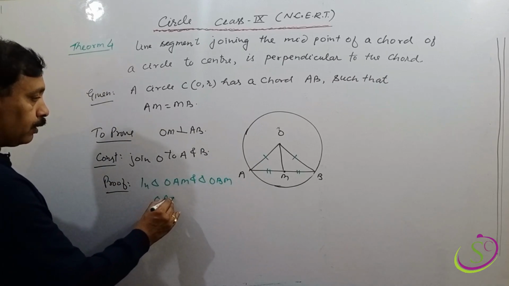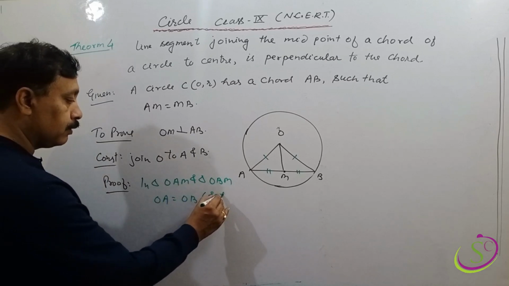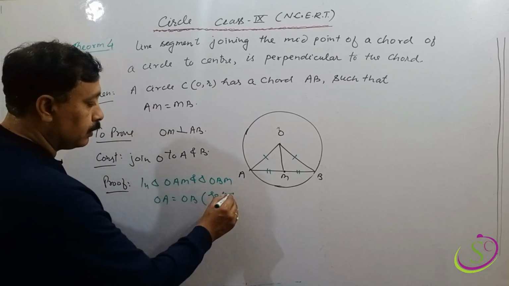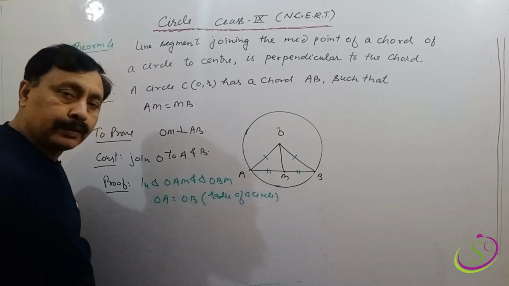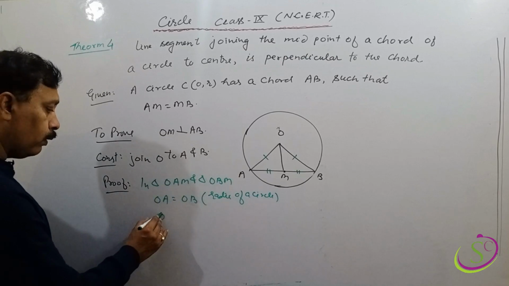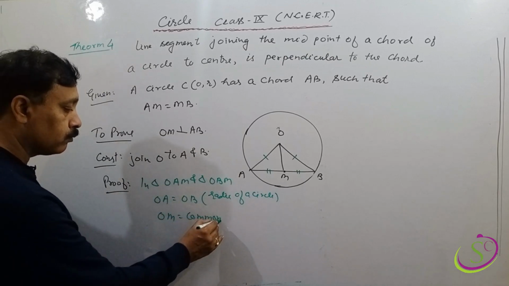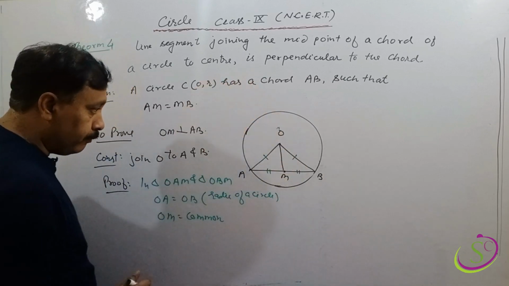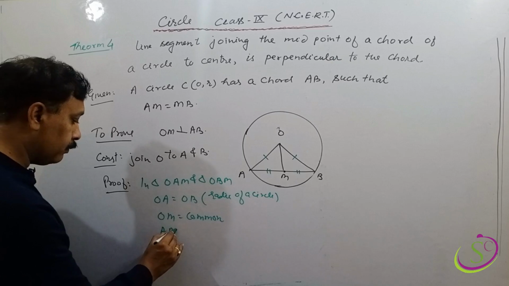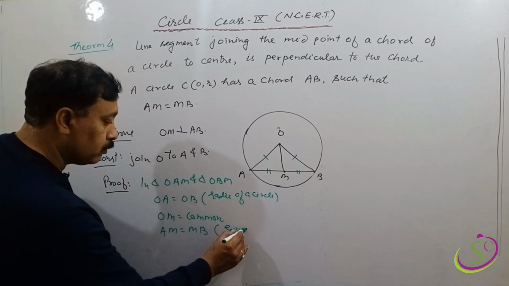OA equal to OB. Why? I told you, so many times we write this, radii of a circle. Done. OM is common for this triangle and for this triangle, and AM equal to MB, that is given.